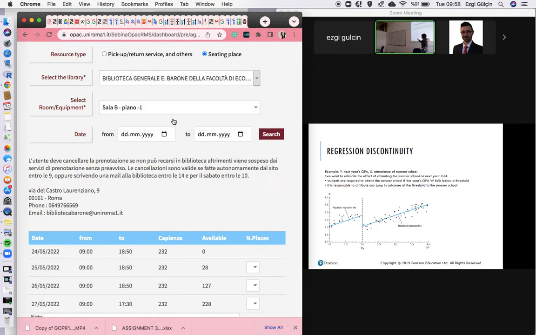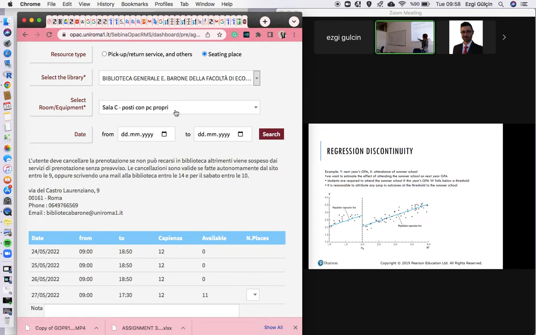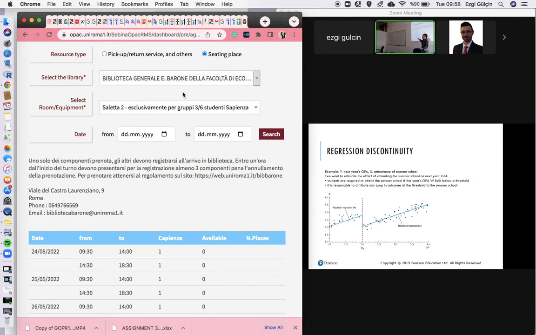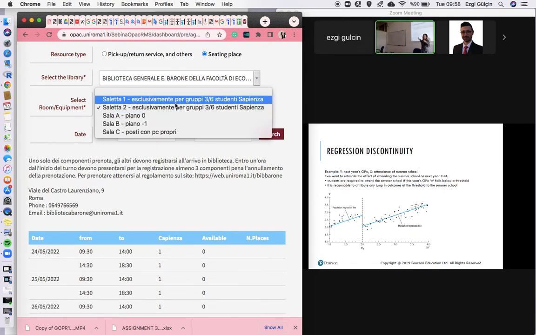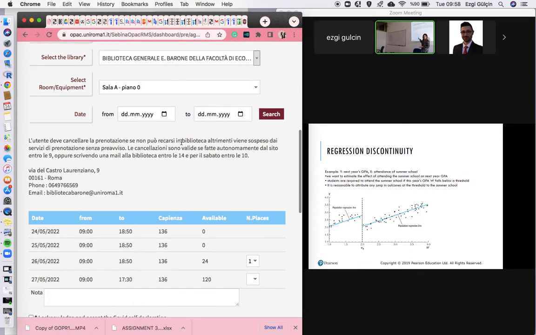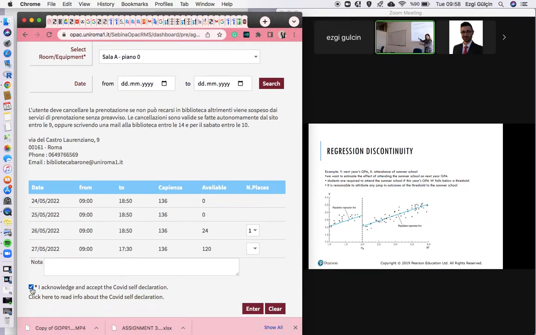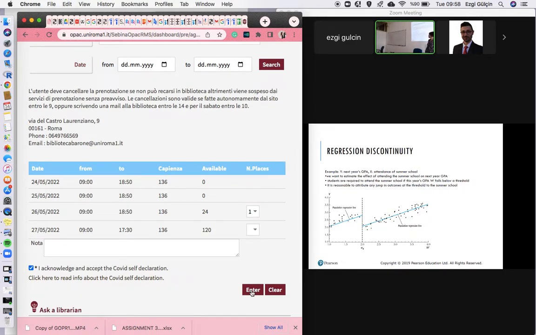Why? Because those who have W just below the threshold and just above the threshold are probably similar in terms of all the other variables which may be confounding factors to estimate our treatment effect. So this is a way to estimate a clean treatment effect.